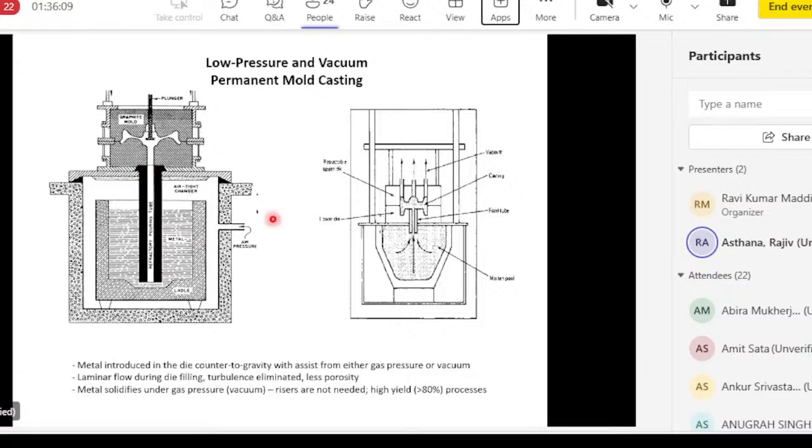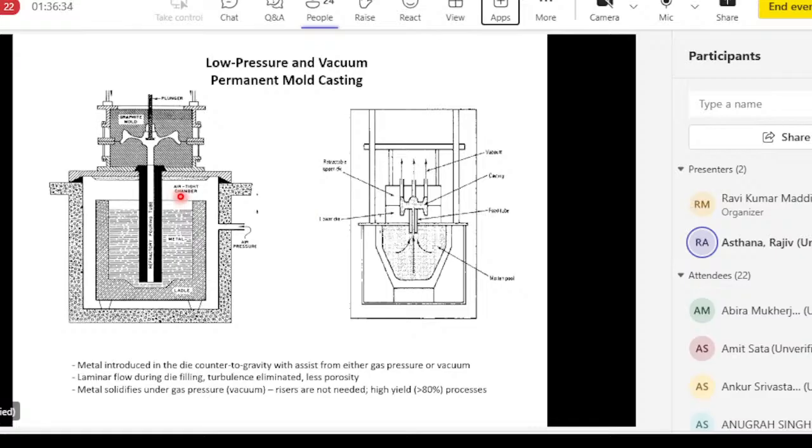Once this is all set up, the temperature is correct, you introduce a gas. Air is normally not used, even though it is shown as air here. Argon is used to reduce contamination in the surface. So as argon pressure builds up, the metal will gradually rise through the tube and fill up the mold cavity. You can release the plunger to allow air to escape as the mold gets filled. So what is the advantage here?